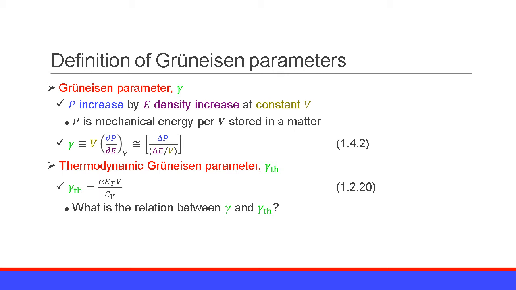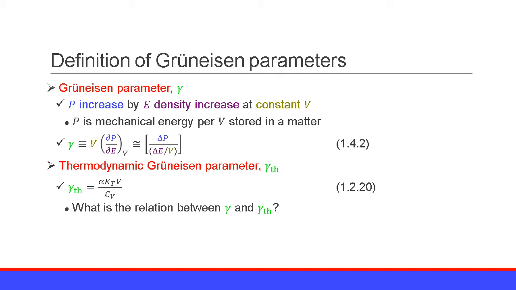If we define the Grüneisen parameter gamma simply based on the internal energy E, the Grüneisen parameter gamma is size dependent and cannot be a physical property of materials.